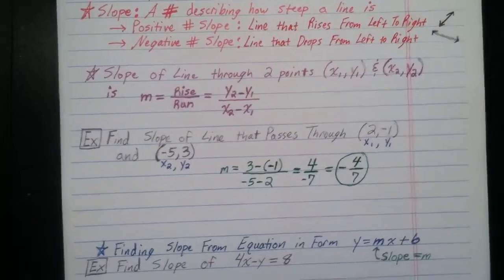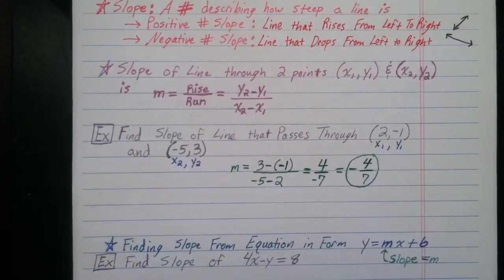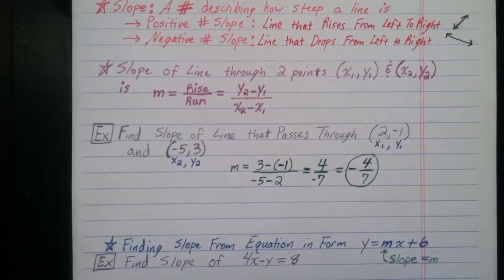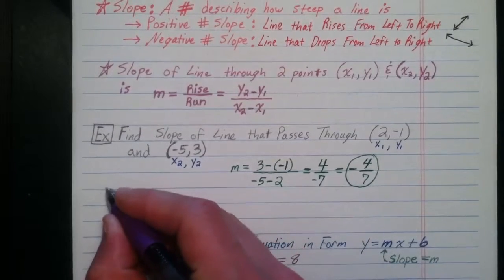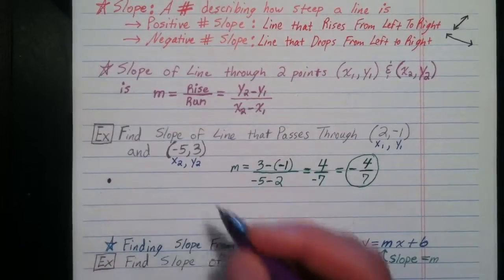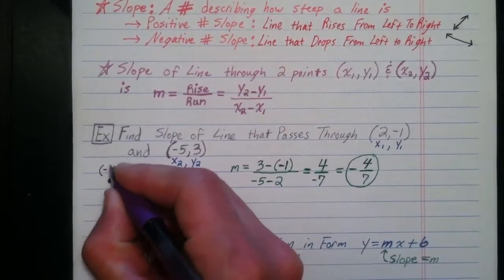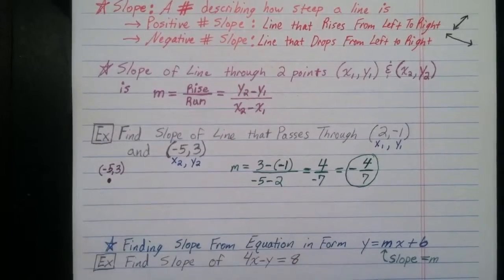So let me show you, if we had these points on a graph, how we could have approached the problem a different way. So let's say we have here the first point, well, let's take negative 5, 3. That could have been somewhere over here on our graph.